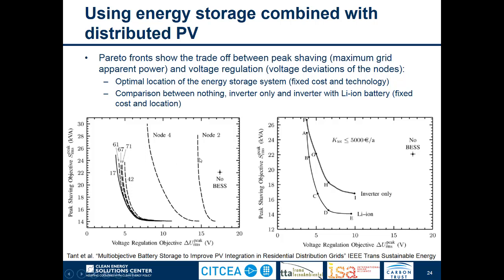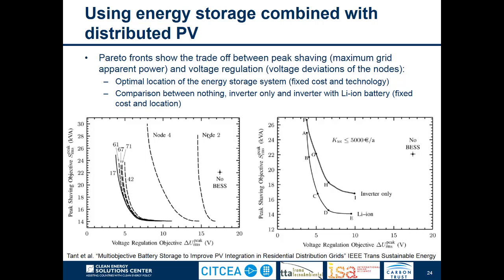So if we install the energy storage in node 2, we get this Pareto front characteristic. But if we install it in node 4, we have much better voltage regulation, and also quite good peak shaving. This means that node 4 is much better than node 2. And remember that we are always talking about fixed cost and technology, so we are not investing more.